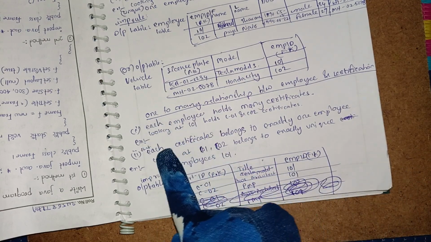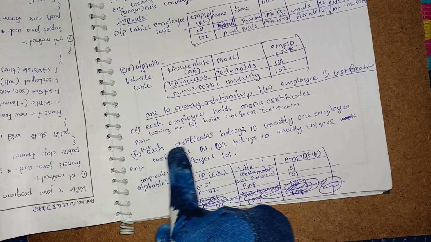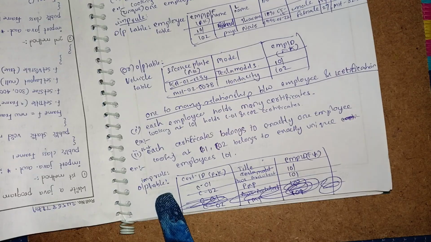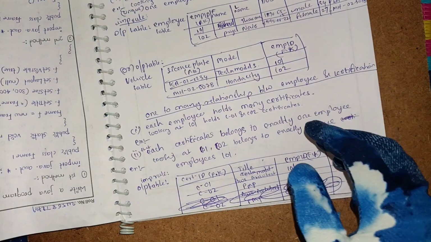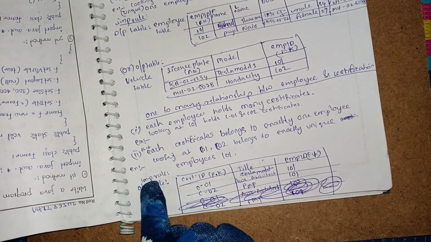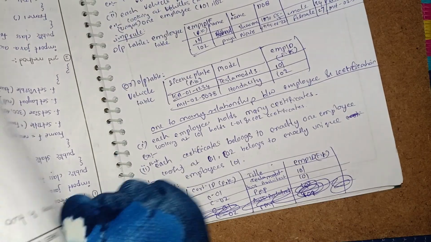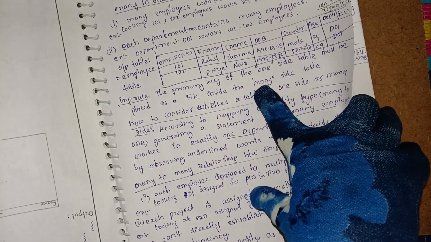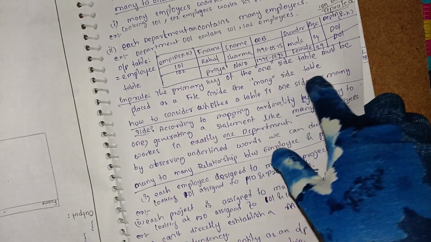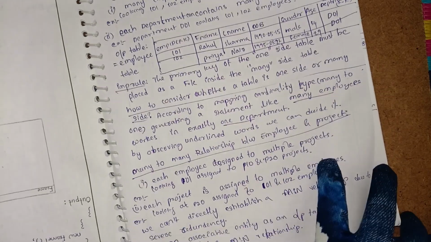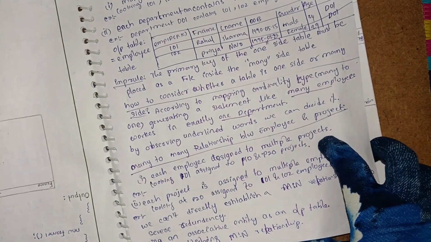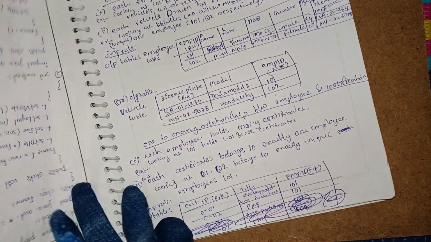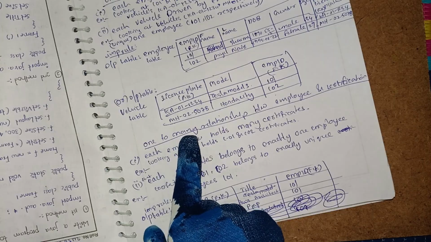This is regarding statement generated. Output table is generated from important rule, that is the primary key of one side table must be placed as a foreign key inside the many side table. So according to mapping cardinalities, we have to generate the statement, that is mapping cardinality is one to many.